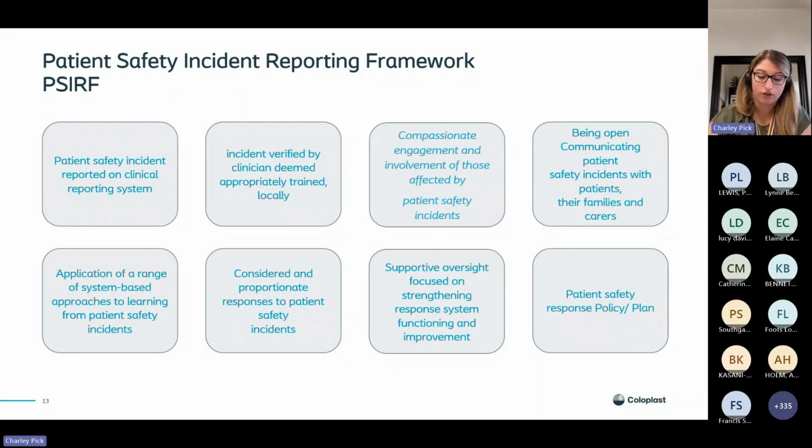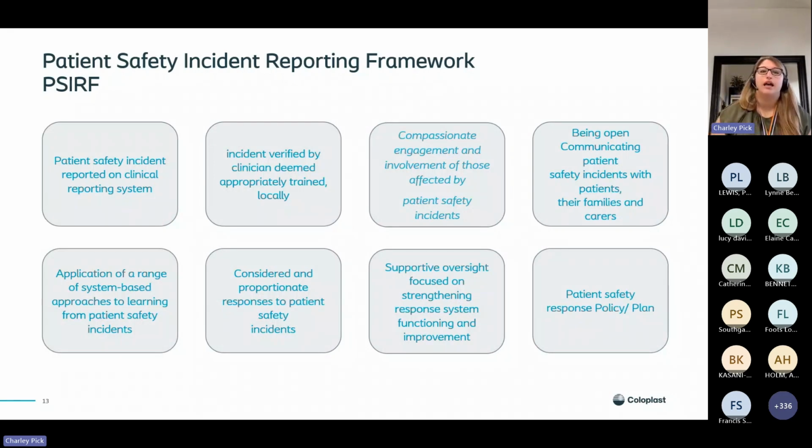There'll be an application of a range of system-based approaches to the learning from patient safety incidents, but it will also help you to consider a proportionate response to the patient safety incidents, to the families, to the patient and the carers that have also been involved. It gives that supportive oversight that's focused on strengthening the response system and function and improving what we are doing.